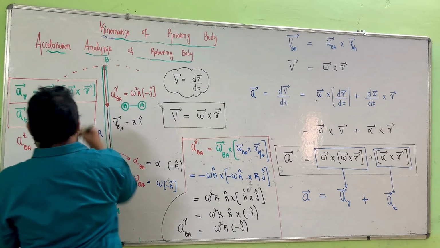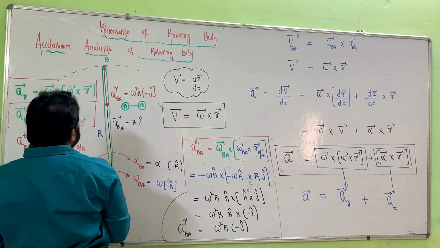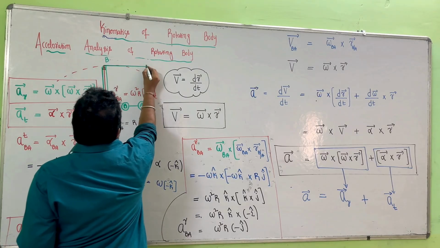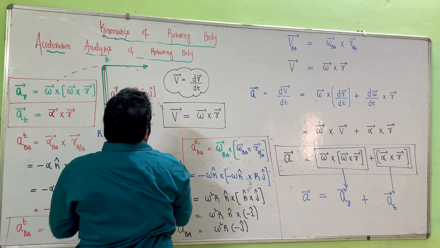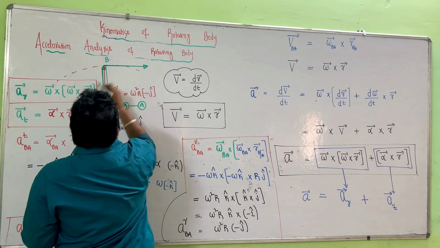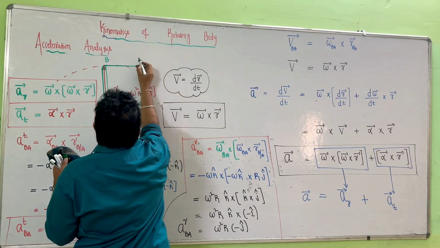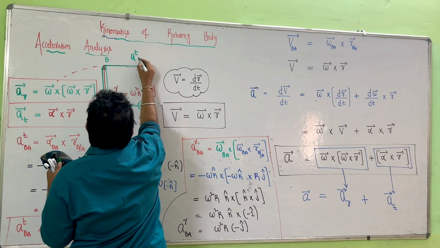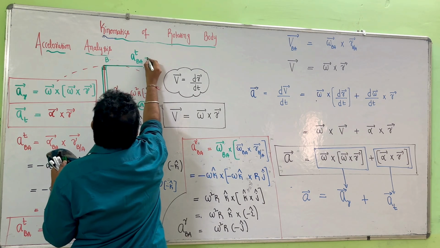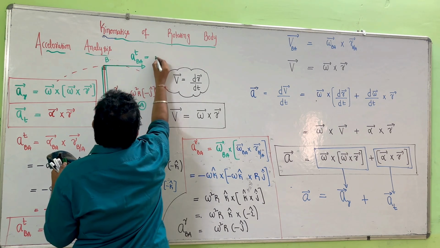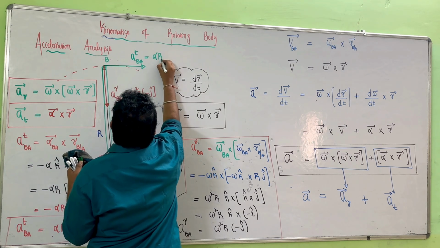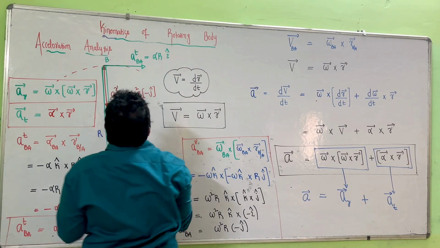Positive direction of x-axis. We can confidently say that positive direction of x-axis is the tangential acceleration. Tangential acceleration at point B with respect to point A can be written as alpha r is the magnitude, positive direction.